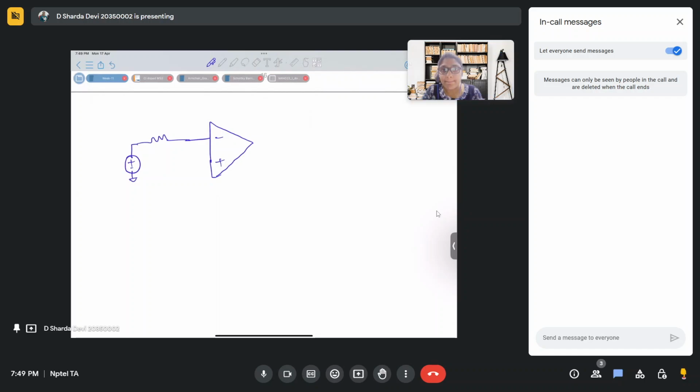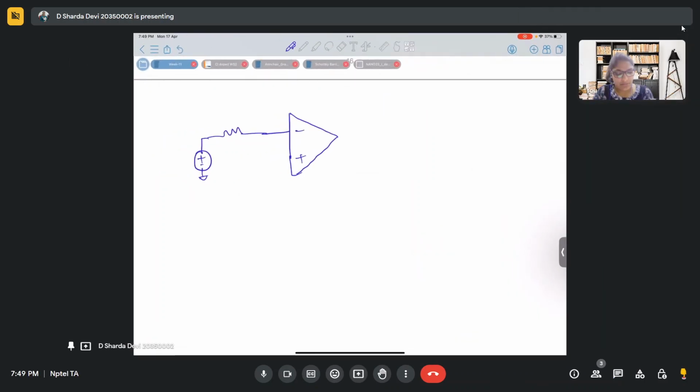The inverting terminal has negative feedback, with a feedback resistance. And there's another resistance parallel to it and grounded. Must be something like this, right? Yeah.